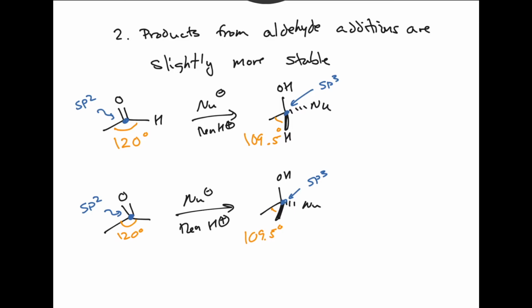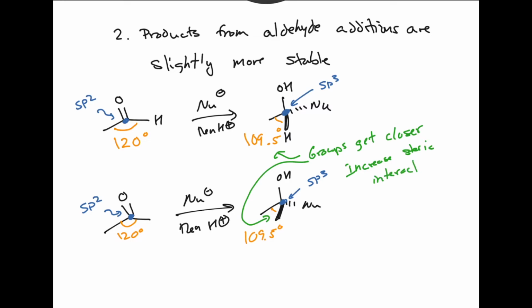So when you go from an sp2 hybridized carbon to an sp3 hybridized carbon, the groups on what was your carbonyl carbon, this blue carbon here, get closer together. The hydrogen gets closer to the carbon group from the aldehyde, and the two carbons from your ketone get closer together, increasing steric interaction.